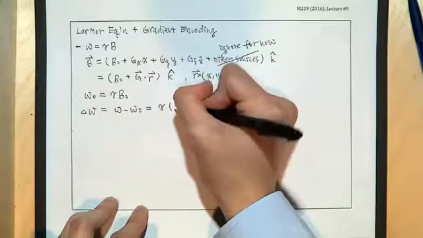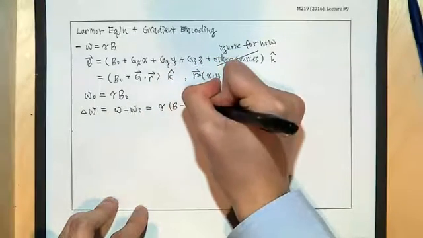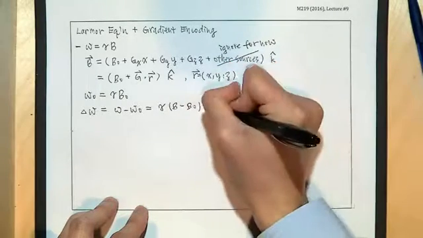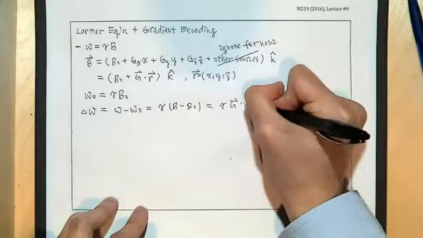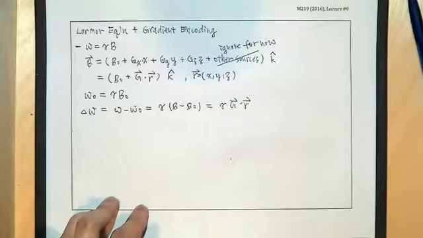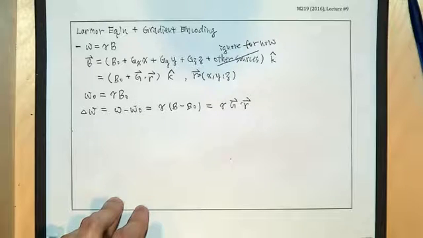And again, you can use the Larmor equation to write it like this. And you'll notice something very important right here. The frequency is actually a function of position.